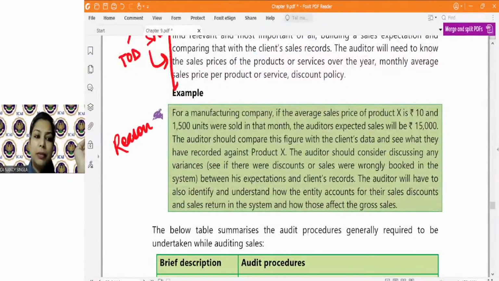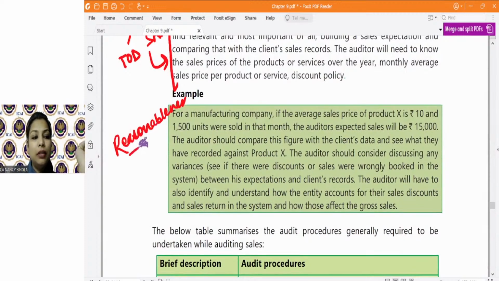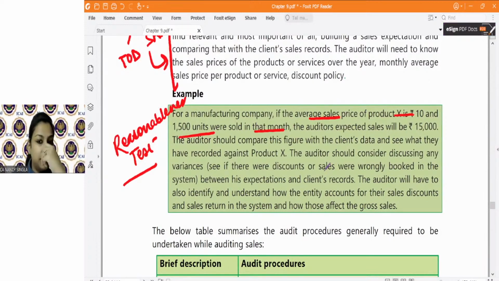The reasonableness test that you have done in your chapter number 8. That if the sales price is 10, 50 and 1500 units are sold, then 15,000 should be the expected sales. Okay? Now, in case of any variances, the same can be discussed with the management for the reasons of any variances. Okay, समझ आ रहा है ये सब?